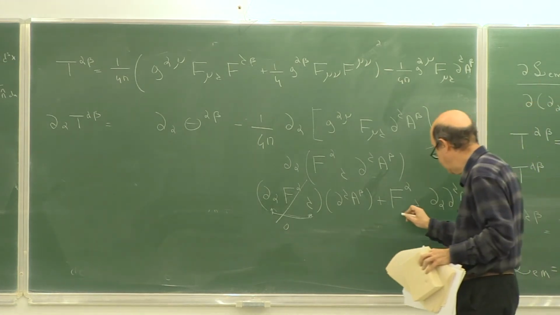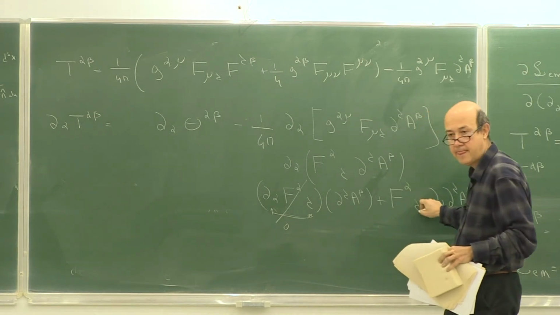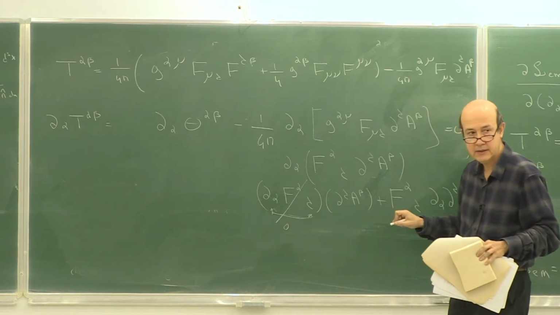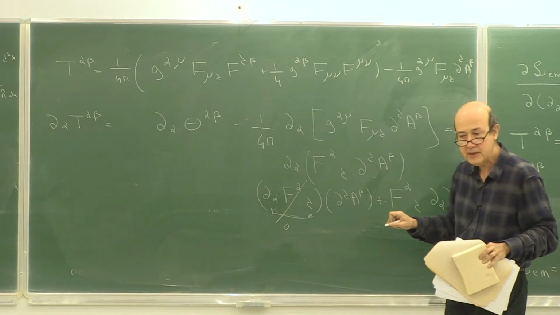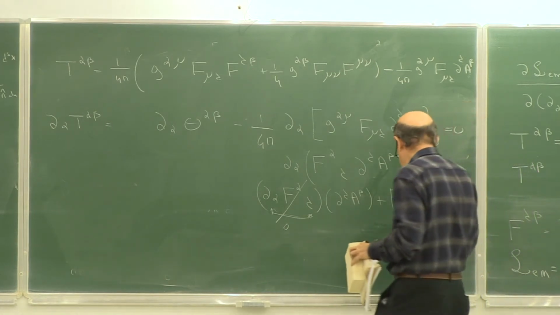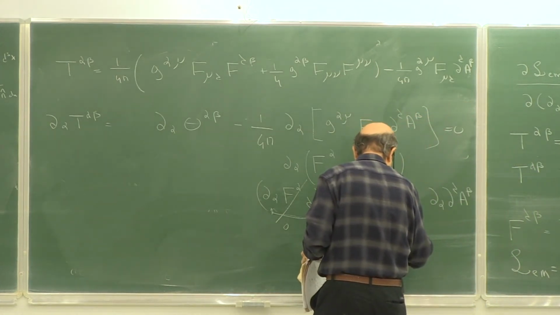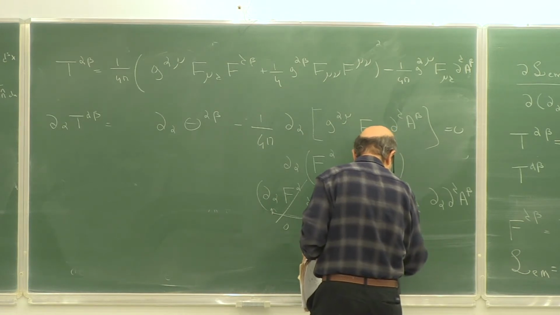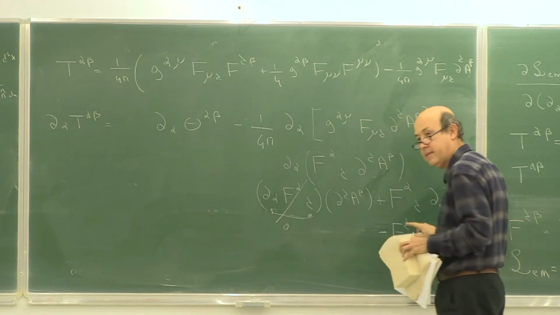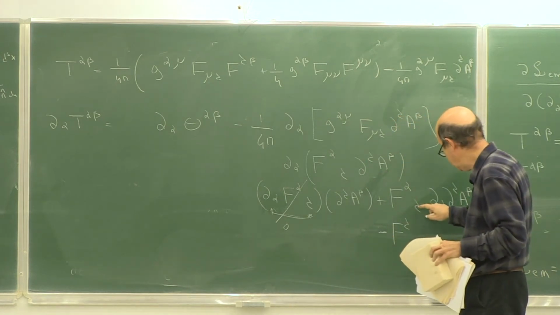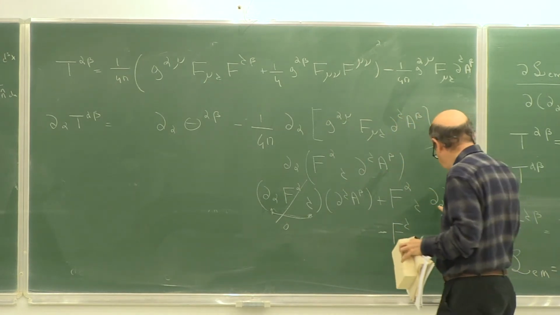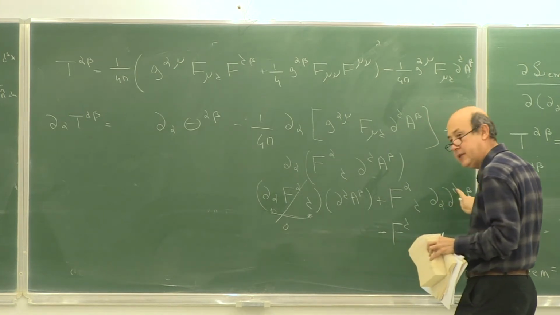This is an antisymmetric tensor. Antisymmetric means that if you change the indices, this becomes negative. Okay, if you change the indices. But this is symmetric.